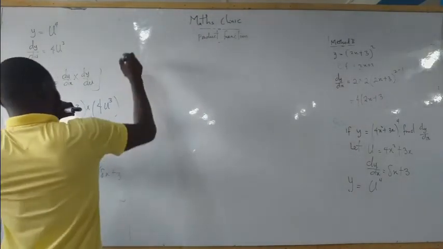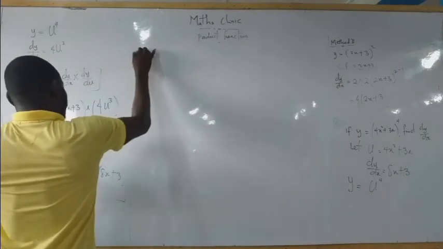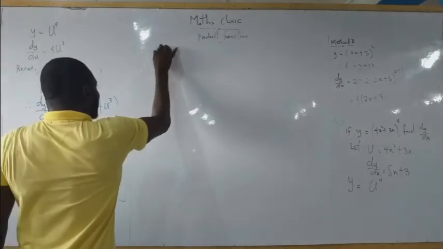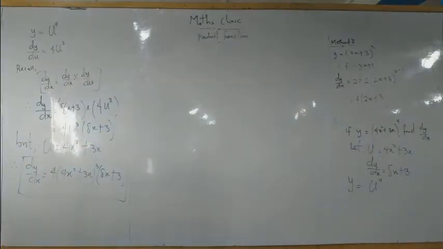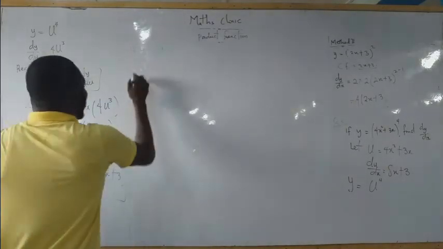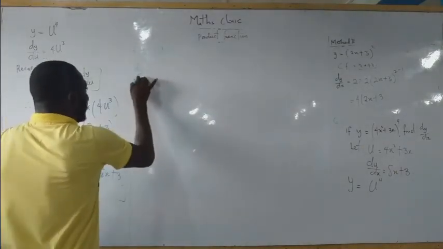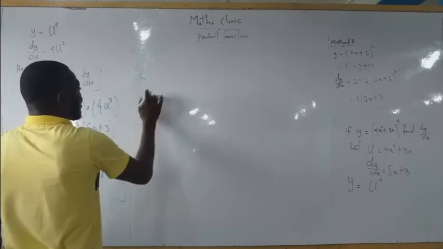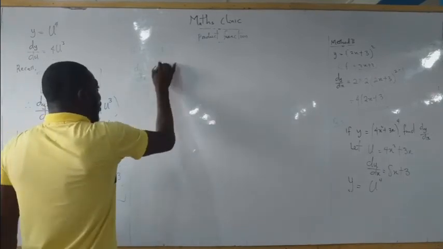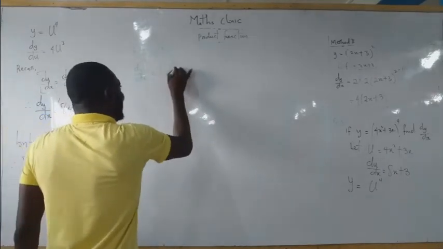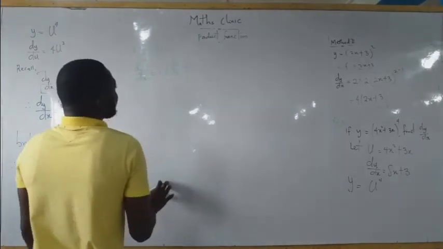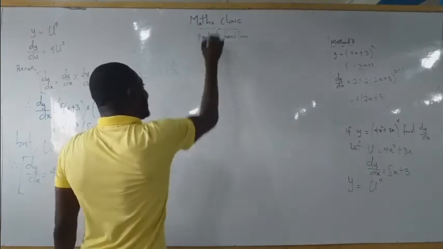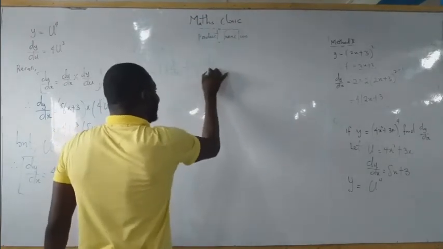So you can have this: if y equals uv, so we can have dy over dx equals u dv/dx plus v du/dx.